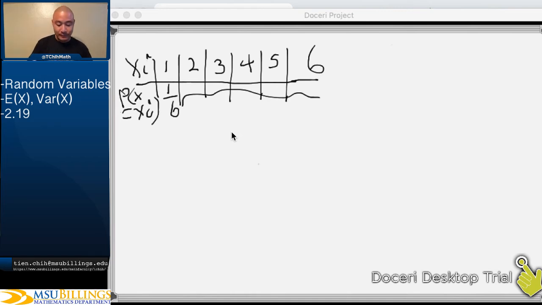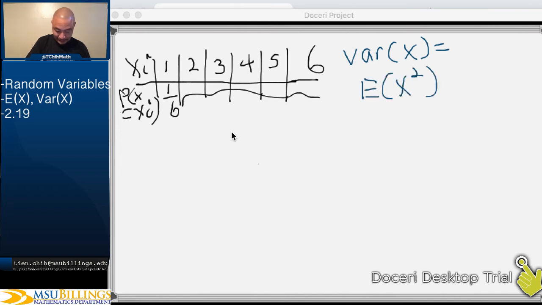So the formula for computing the variance of a random variable X is going to be the expectation of X squared minus the expectation of X, squared.